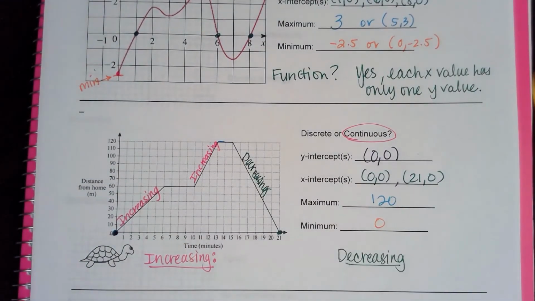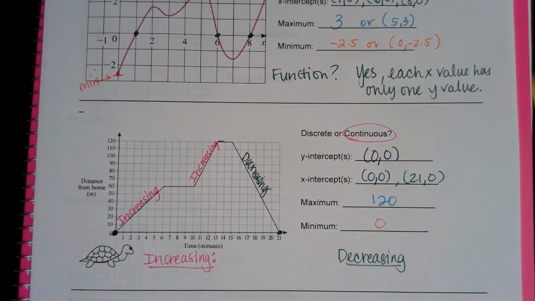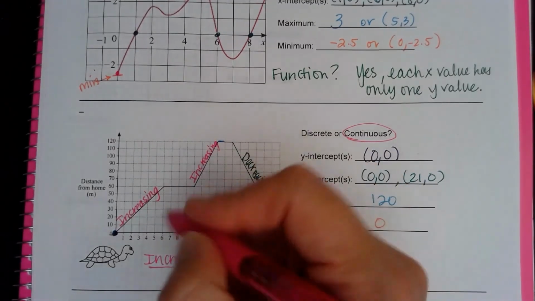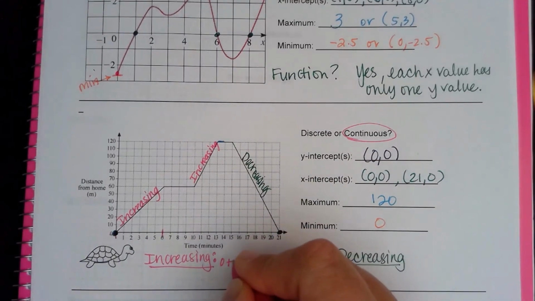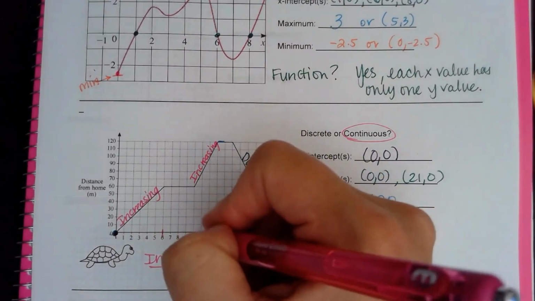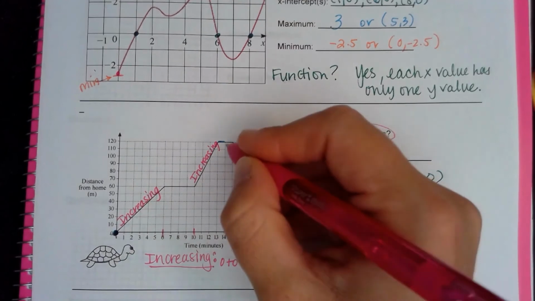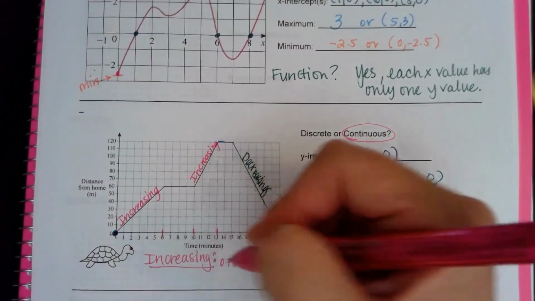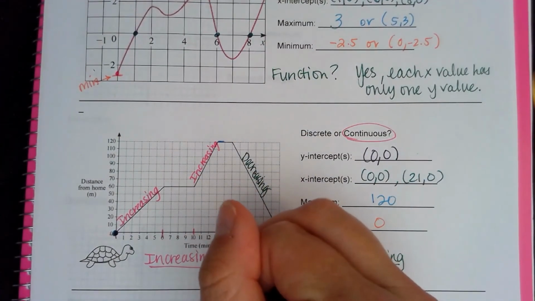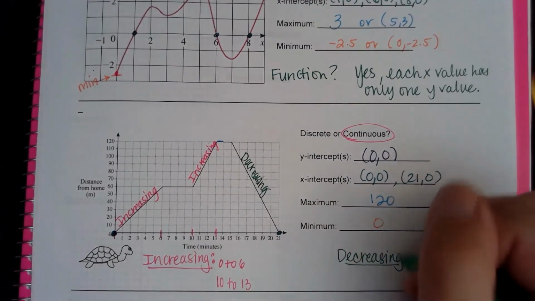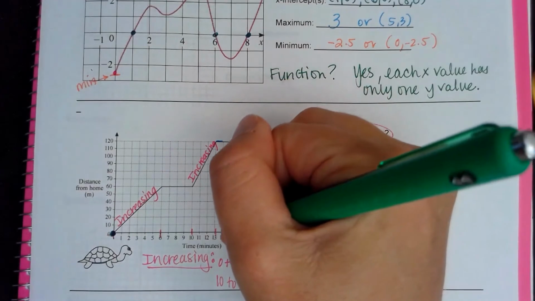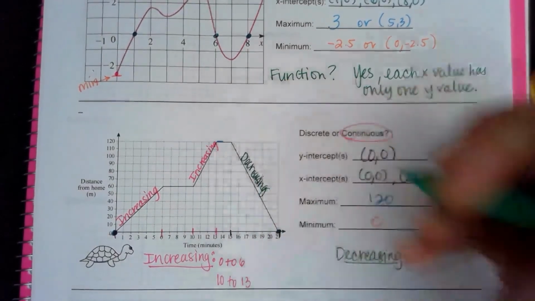it was decreasing, right? So I can say that it was increasing from 0 to 6. And then again from, what is that, 10 to 13. And then it was decreasing from 15 to 21.